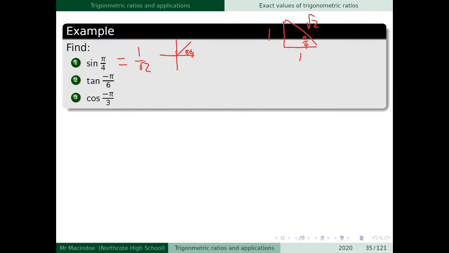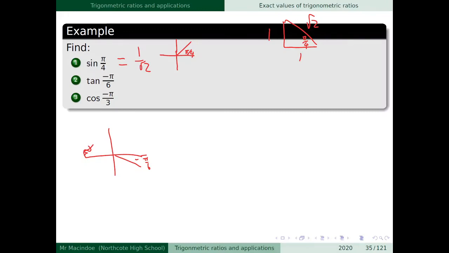All right, now we've got tan of negative pi on 6. Again, I just draw myself a little set of axes. And I just draw it in. So negative pi on 6. Well, I've done enough of these to remember that pi on 6 is 30 degrees. So it looks something like that. And it's going clockwise because it's negative. But you could always do a conversion if you didn't remember that.